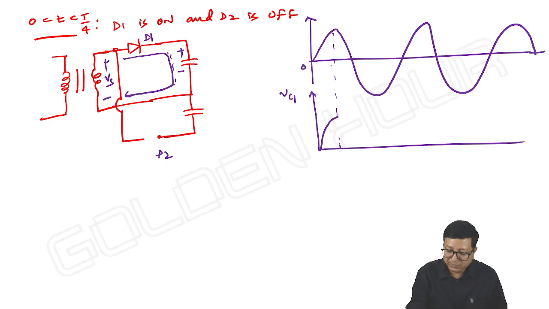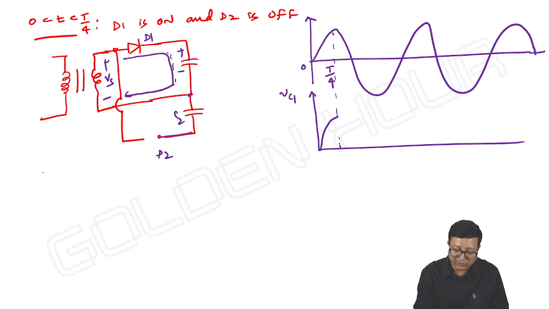And we know it is 0 to T by 4. For t greater than T by 4, the diode will be off and the capacitor holds that voltage. Is there any possibility for current to flow through C2? No, because one end of C2 is coming to the negative terminal and the other end is not connected. The path is not completed here. So C2 acts as a short circuit.